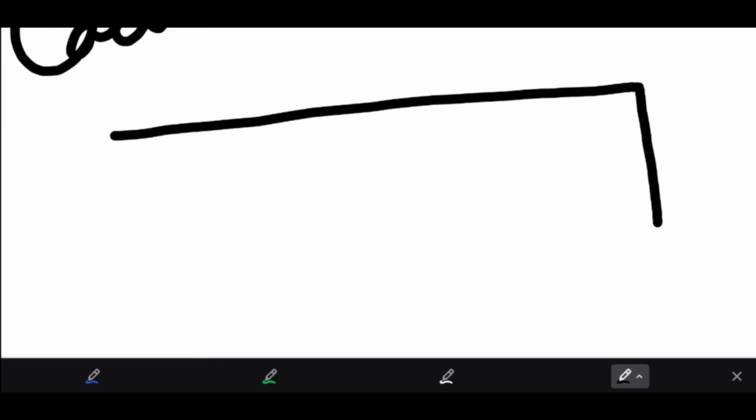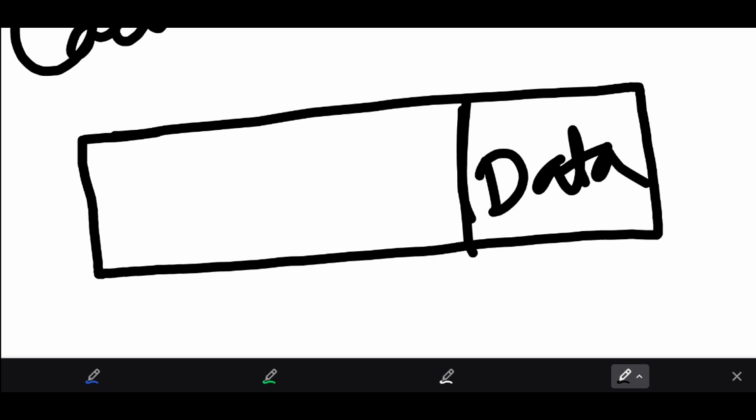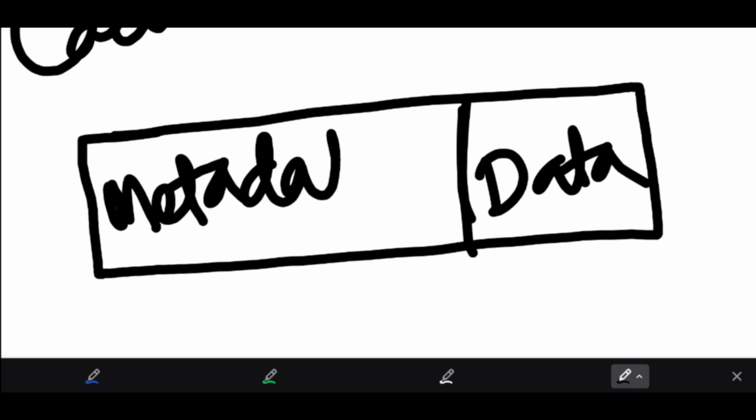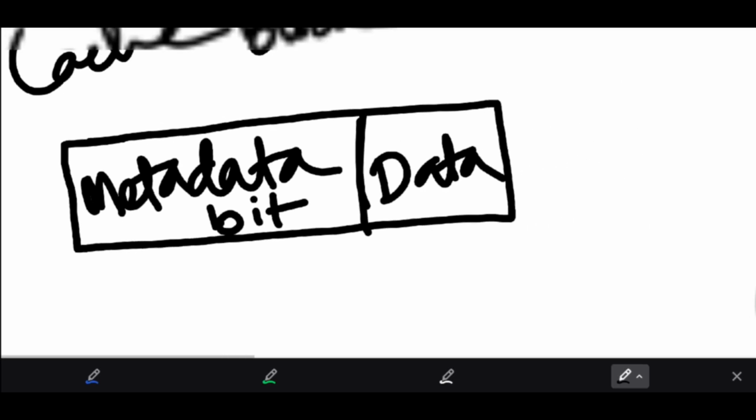If you go deeper, then actually the cache block has two parts. One is our data, and another is the metadata bit. Then what is the metadata bit? Actually the metadata bit is not the data itself, it is only about the data.